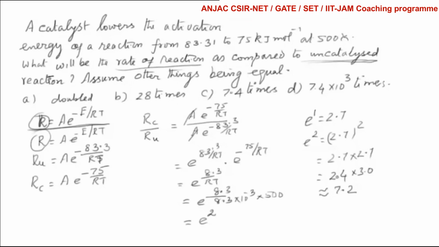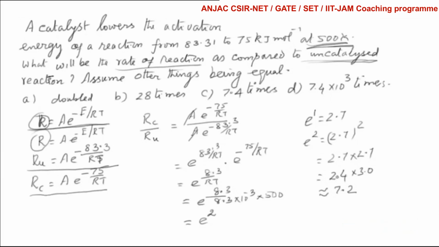Then I have put the given data for the uncatalyzed reaction first, RU. RU means rate of the uncatalyzed reaction. Here I have substituted only the energy of activation as 83.3, and R is a constant, T is at the same temperature, 500 degree Kelvin.